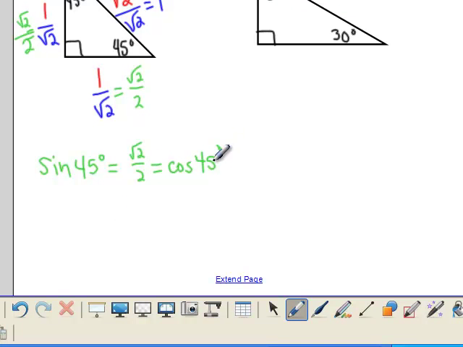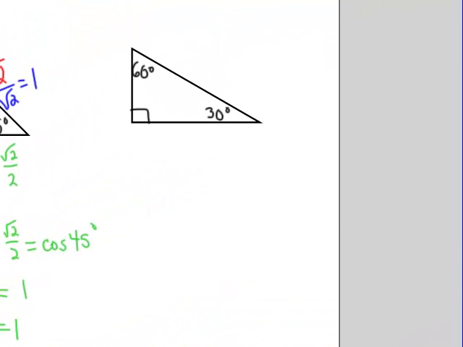Another nice sort of favorite fact about the 45-45 is that if you're doing the tangent, both of the legs have the same length, opposite and adjacent, so that ratio is equal to 1. Another quick fact that you can get from that as well is that the cotangent would also be 1 because they are reciprocals. Okay, let's move to the 30, 60, 90.